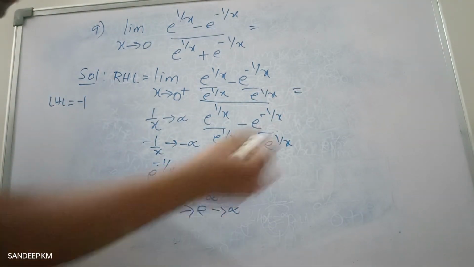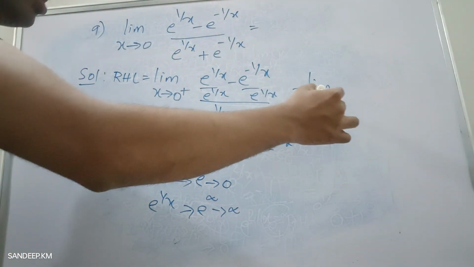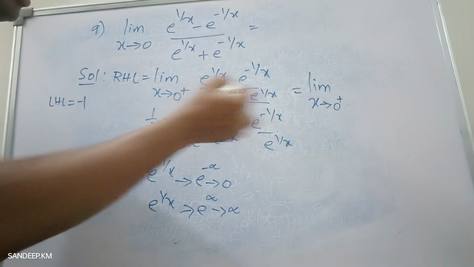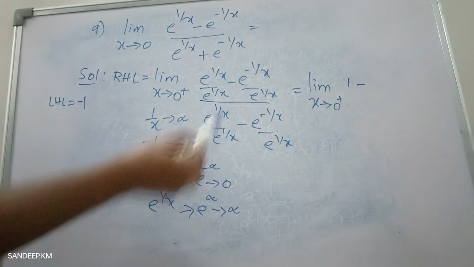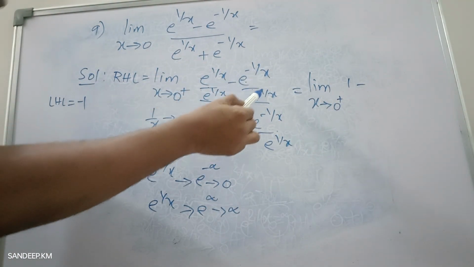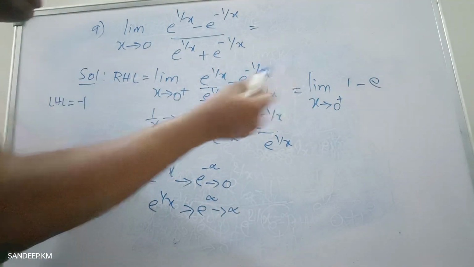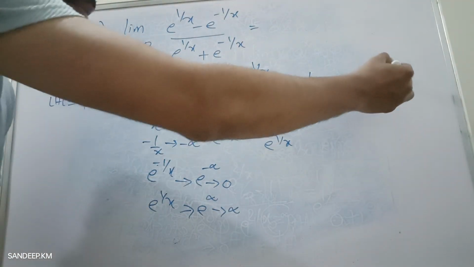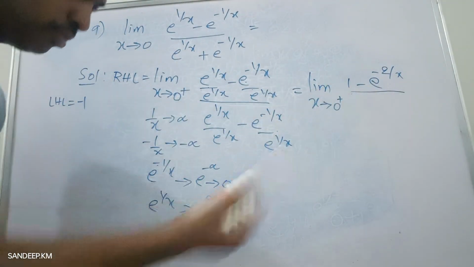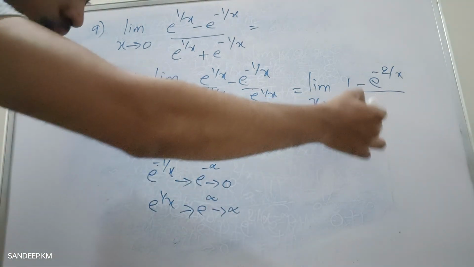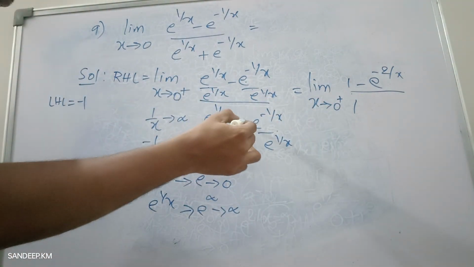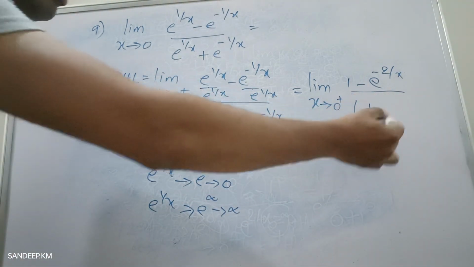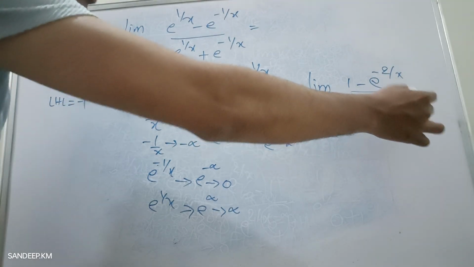So what happens then? Limit x approaches 0 plus, here you will get 1 minus. Once again, a power m divided by a power n is a power m minus n. You will get e power minus 2 by x. In the denominator also, I'm sorry, this is plus. 1 plus e power minus 2 by x.